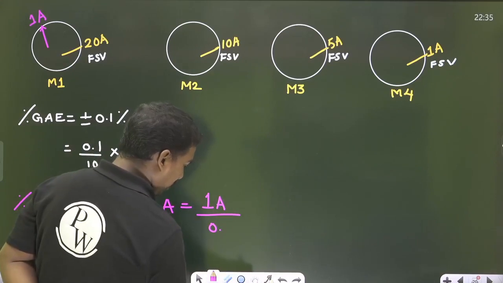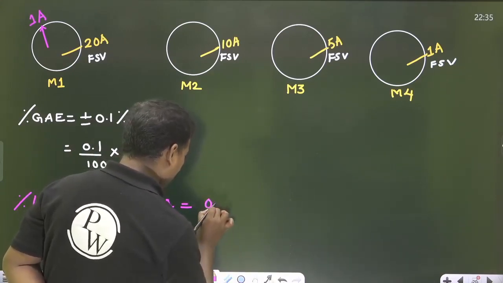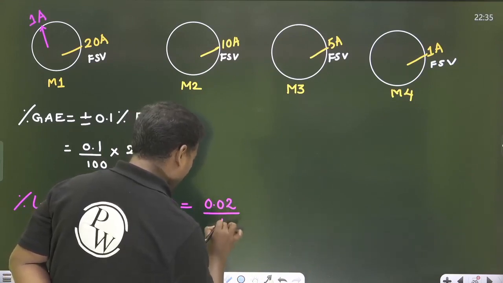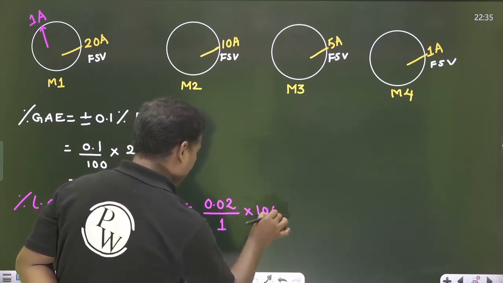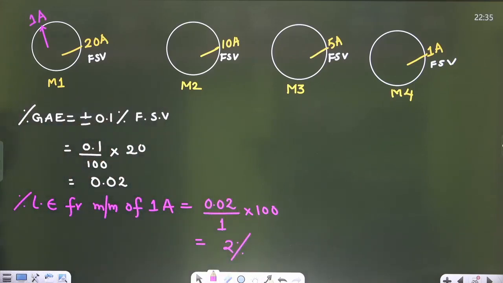You have to measure for 1 ampere, so 0.02 divided by 1 ampere times 100. So you are going to get 2%, or minus 2%.